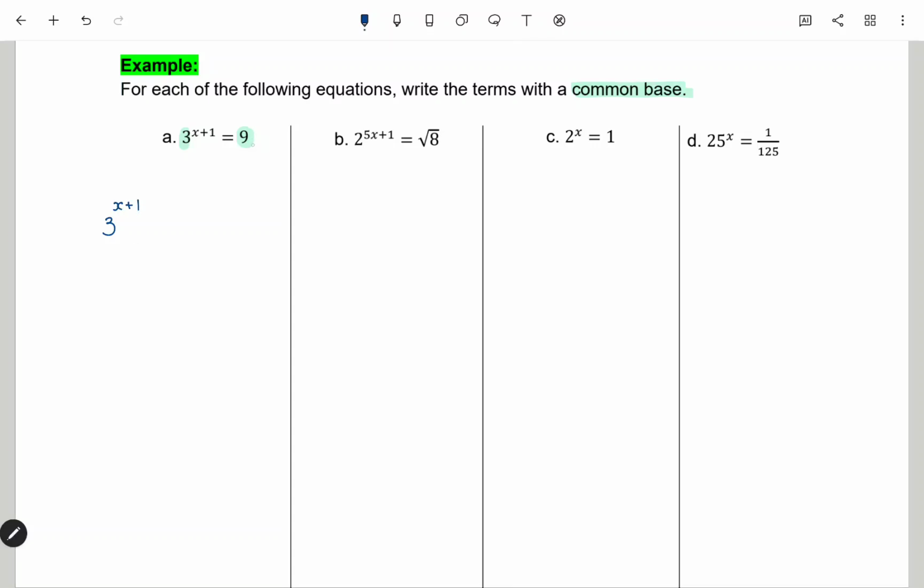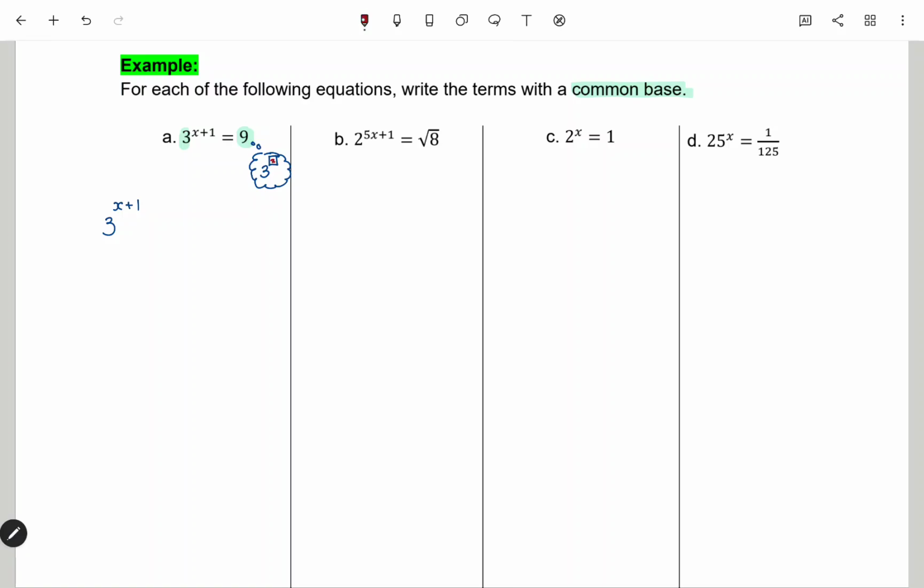The right-hand side, what we want to do, what we're thinking, is we want to ask ourselves, can I write this as 3 to the power of something? So we know that 3 to the power of 2 is equal to 9.